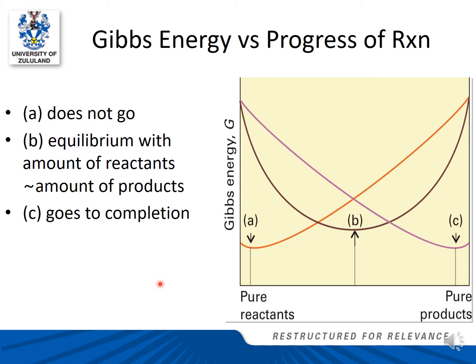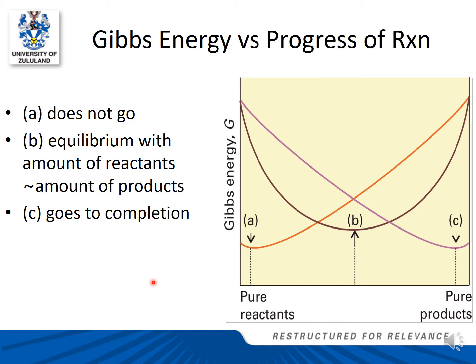For this kind of graph, there are three types of graphs that can be achieved. We have the reddish graph A, the brownish graph B, as well as the pinkish graph, which is graph C. What do these three different graphs tell us?